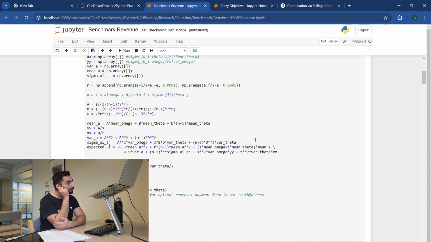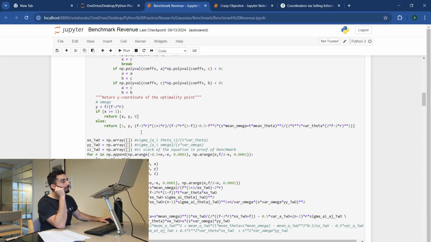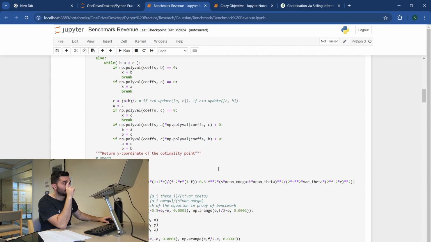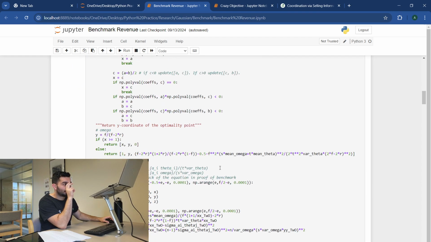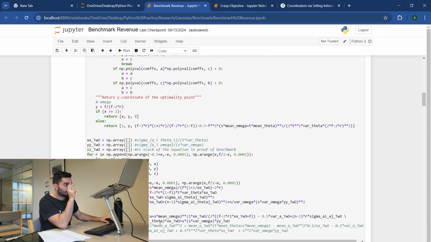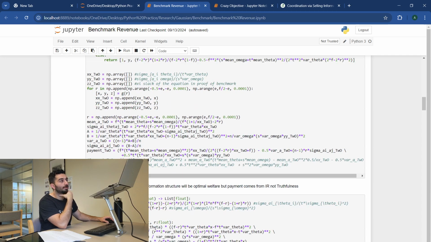This is it. Why is it this one? And then this one assumes there is no epsilon. Alright, let's see what sigma EIAJ is here. Everyone has their own sigma EIAJ, right?